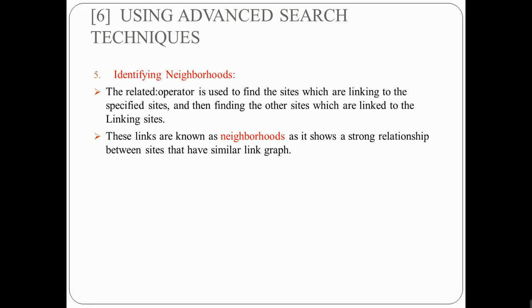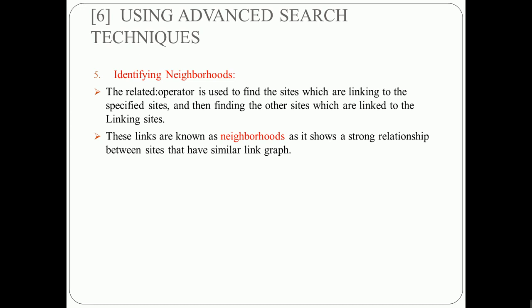Identifying the neighborhoods. The related operator is used to find the sites which are linking to the specified site and finding the other sites which are linked to the linking sites. So many times a website is linked with another website.